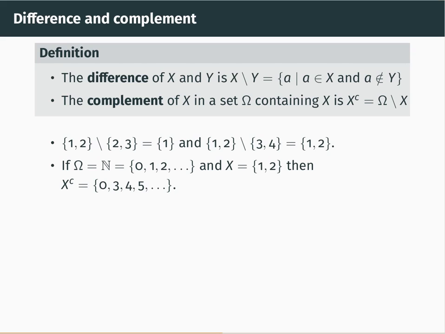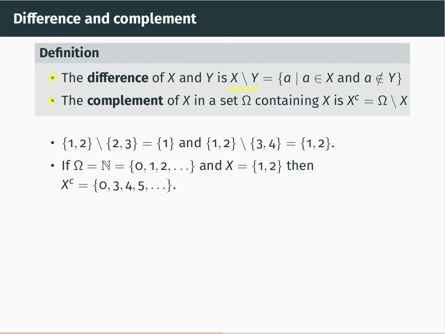Here are two more set operations, the difference and the complement. The difference of x and y, sometimes called the set difference, is written with a backslash or a set minus, and it's defined to be the set of things which are in x but which are not in y. You'll sometimes hear that pronounced as x take y, or the difference between x and y.